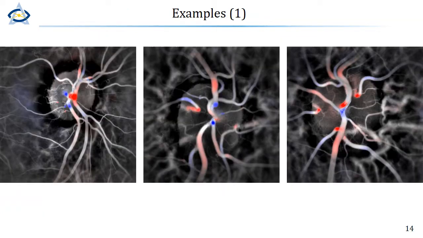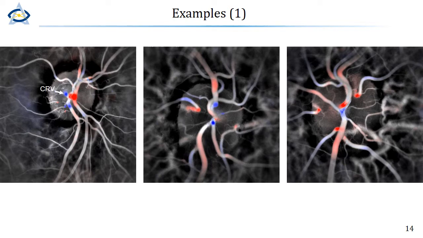Now let's look at some examples in clinical cases. What I want to show in these first few examples is that you can really well spot the central retinal artery and vein. So in the optic nerve head, luckily all the retinal vessels are more or less vertically oriented, so they give a strong axial directional contrast.